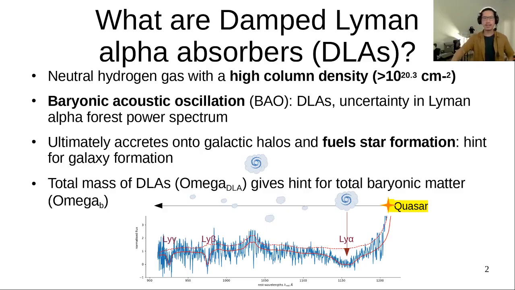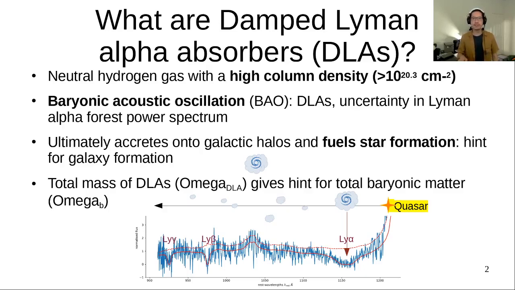So what are Lyman alpha absorbers and why are they important? DLAs are neutral hydrogen gas around galaxies with very high column density. The convention is that absorbers larger than 10 to the 20.3 inverse square centimeters are considered DLAs.